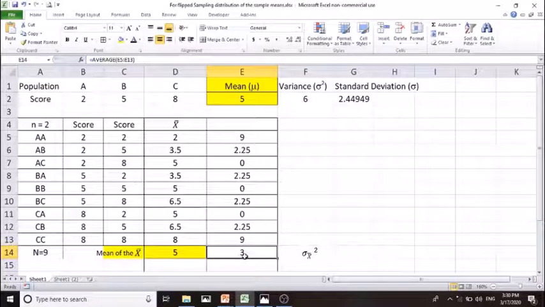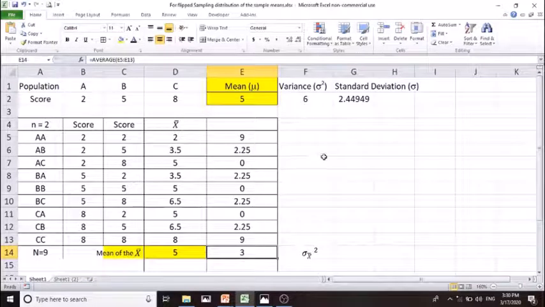How is 3 related with our population variance here, which is 6? Or how can you make 6 become 3? We can use our sample size n, which is 2.